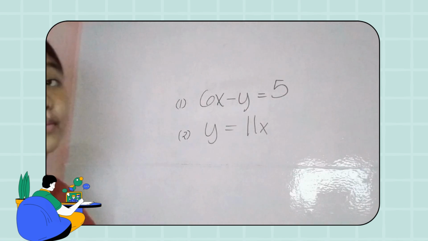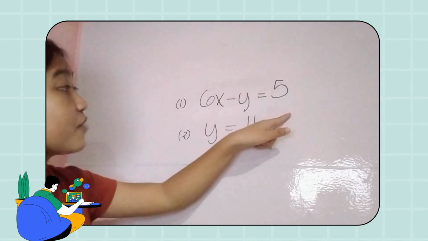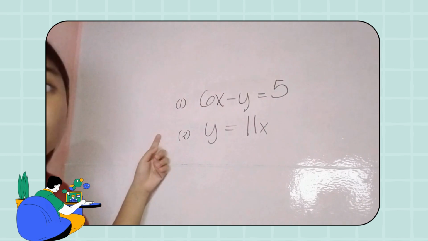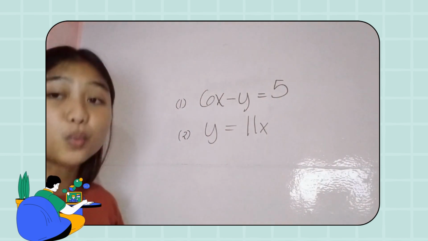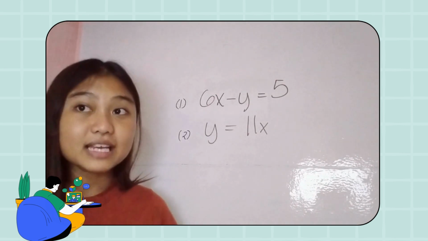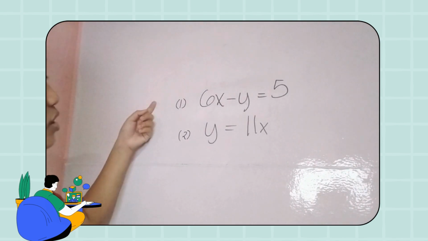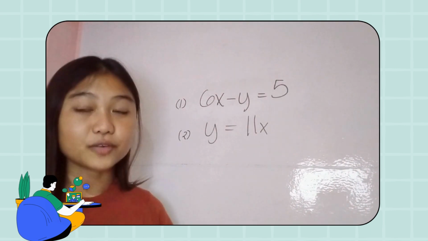We have this system of equations: 6x minus y equals 5, and y equals 11x. Since the second equation, y equals 11x, already expresses y in terms of x, substitution is ideal. It allows us to substitute y directly into the first equation, 6x minus y equals 5, without additional manipulation.